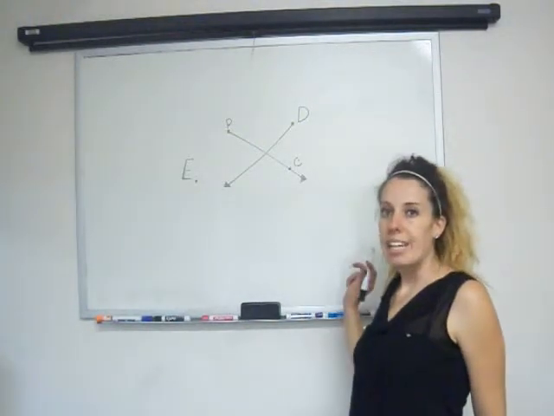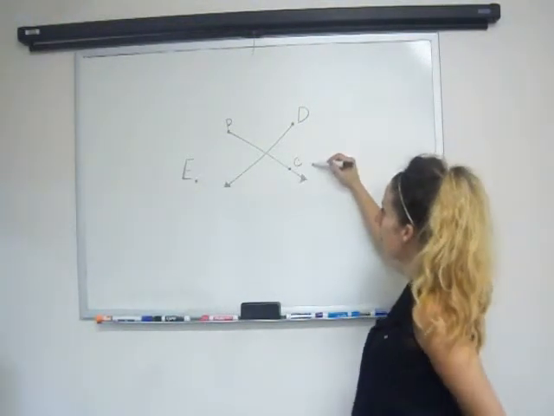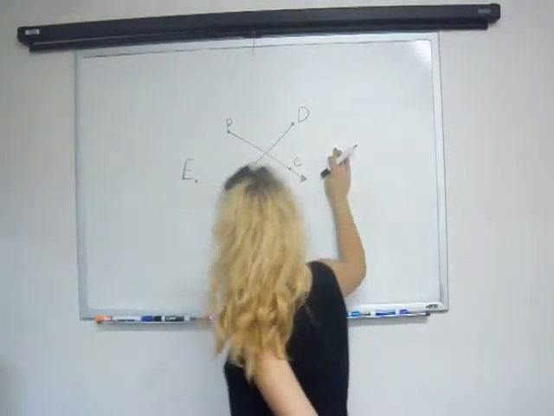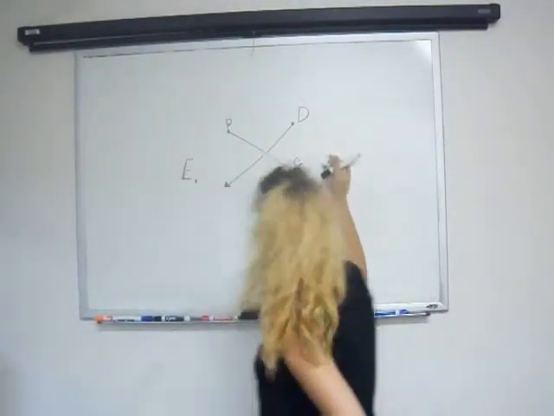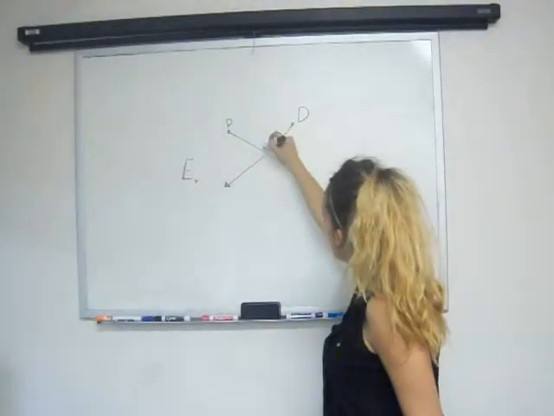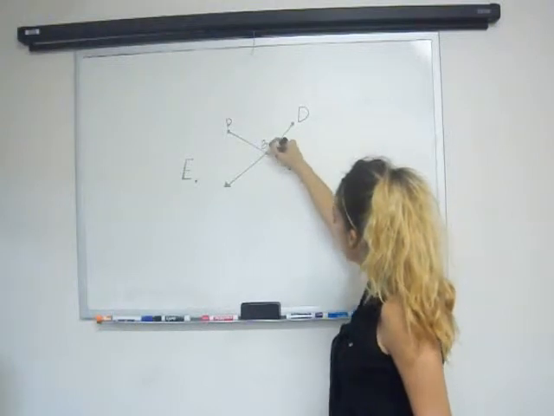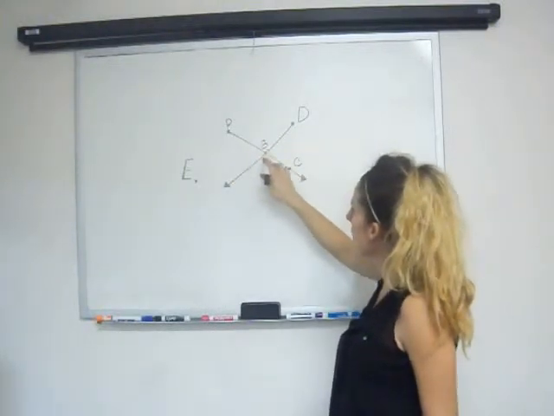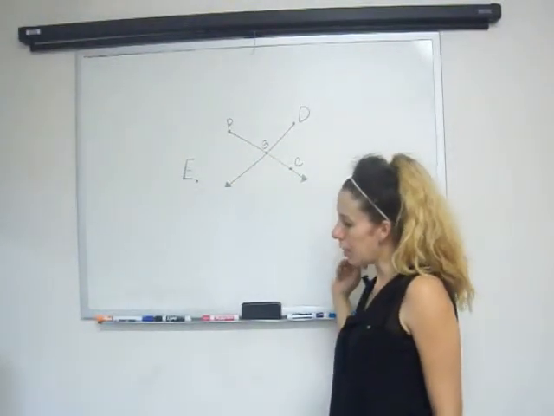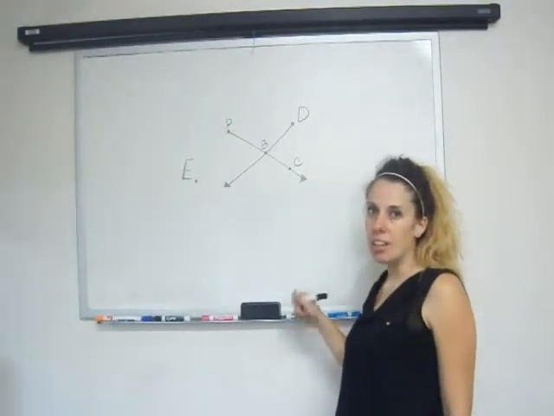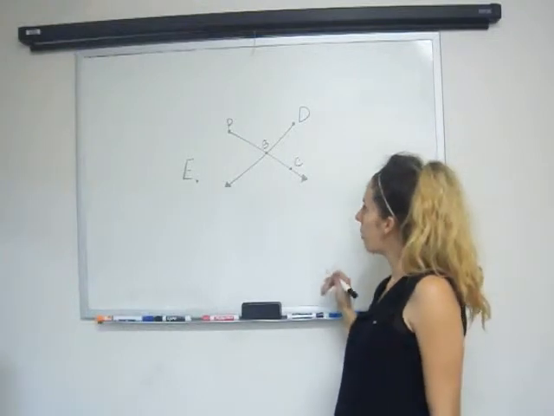Okay, so for E, they give us this picture here, and they tell us that 2 segments are PB and DB, and for E, it says name another segment and another ray, okay?